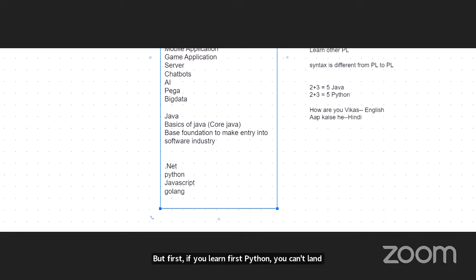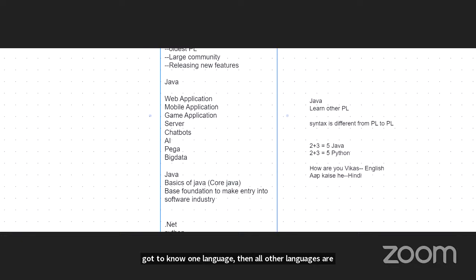If you learn Java, you can learn any other programming language within no time. The remaining languages are almost the same. If you get to know one language, you can easily learn all the others. How can you say that? Because all the concepts are almost similar, and only the syntax differs.